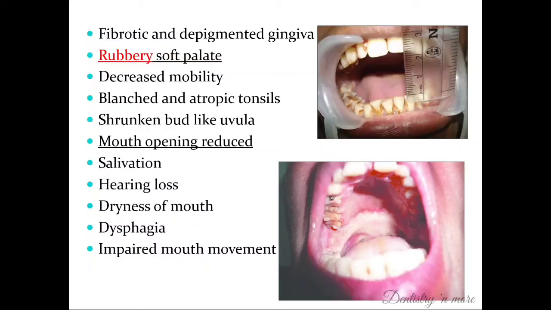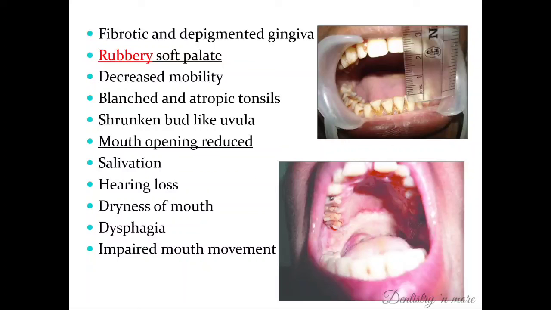There will be fibrotic bands seen bilaterally on the buccal mucosa, and you can see a rubbery soft palate, decreased mobility, blanched faucial pillars, and a shrunken bud-like uvula. You call it a hockey stick appearance of the uvula.